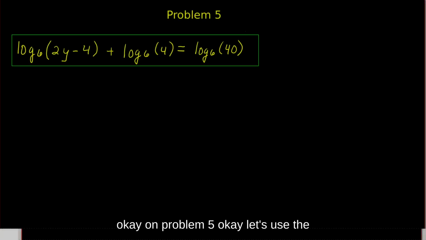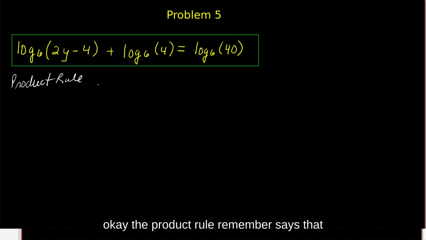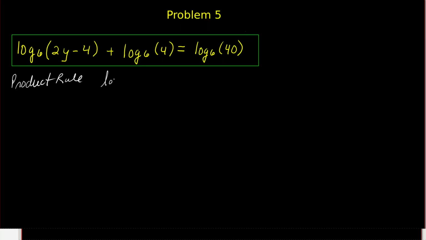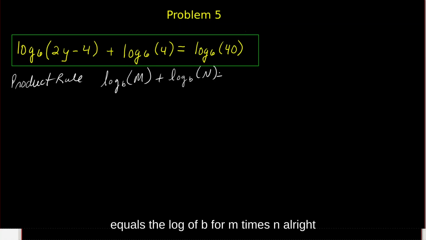Okay, on problem 5. Okay, let's use the product rule first. Okay, the product rule, remember, says that the log base b of m plus the log base b of n equals the log base b of m times n.